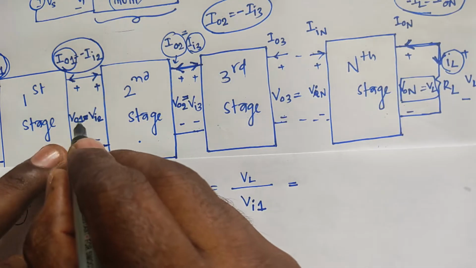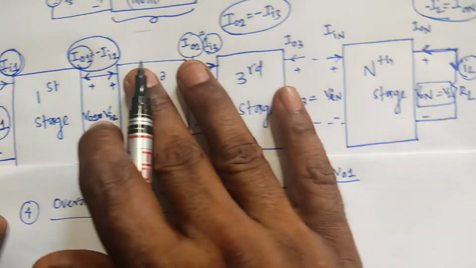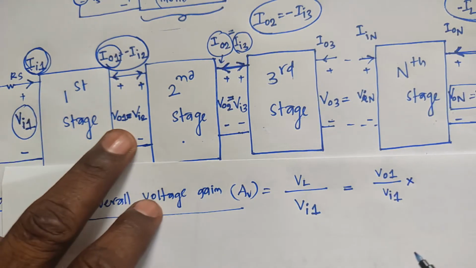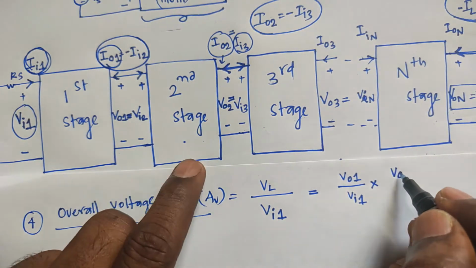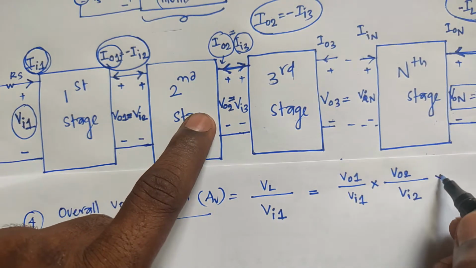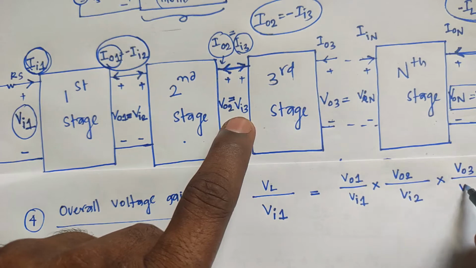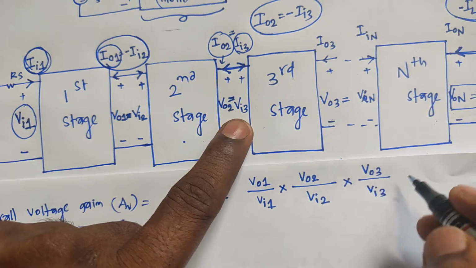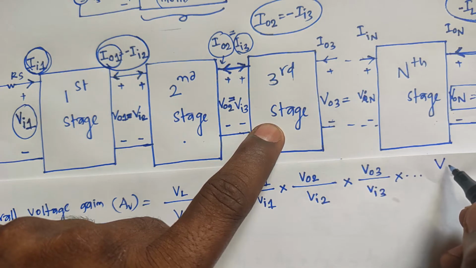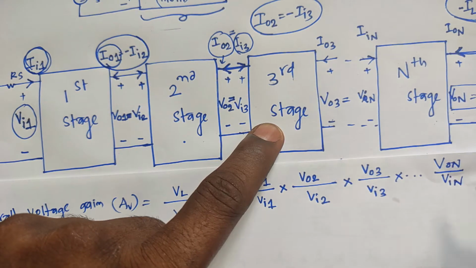This is the first stage output voltage V01 by first stage input voltage VI1, into second stage output voltage V02 by VI2, into third stage output voltage V03 by third stage input voltage VI3, into up to nth stage. What about the nth stage value? V0n by VIN, like that you can take.